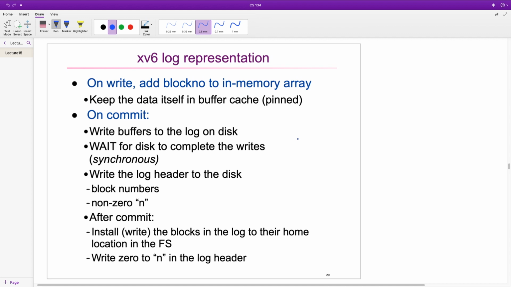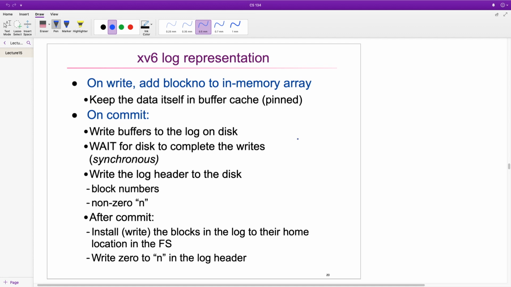Data blocks do contain directory entries and indirect blocks. The simplest answer, though, is it's simpler if we do all of it. So XV6 is going to do all of it. We will see that Linux has the ability to just journal the metadata.